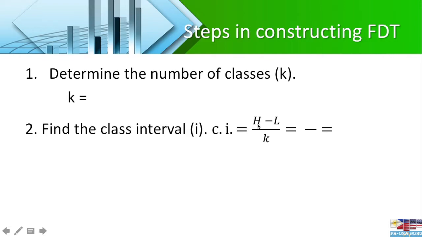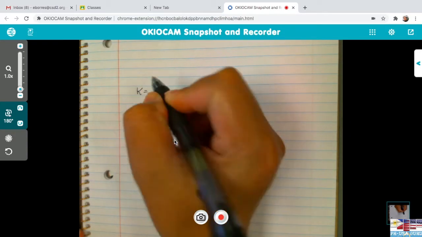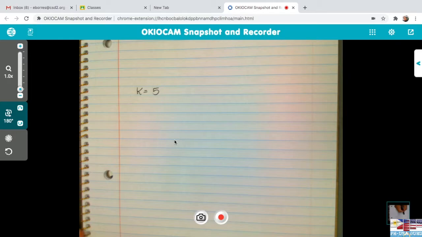Since we are talking about age, that will be the highest age minus the lowest age divided by K, or the number of classes, which is 5. The value of K is 5. That is our number of classes.